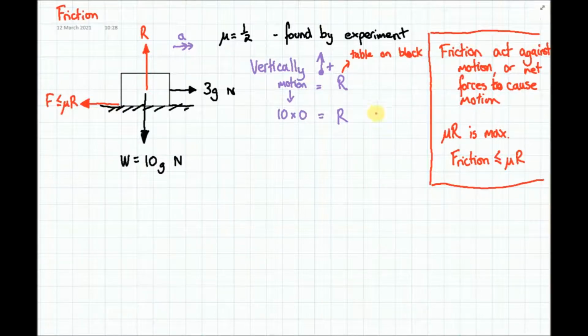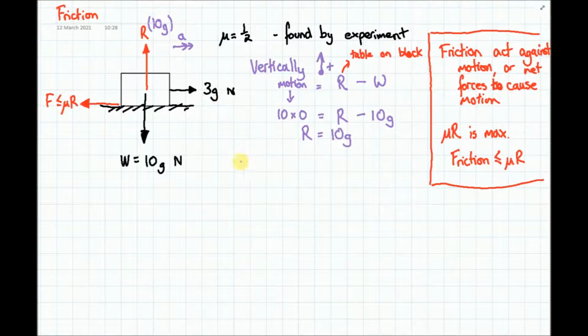And acting against our positive direction is our weight. And weight is downwards from our diagram. So minus 10g newtons. Rearrange it, and for this case we find R is 10g. And I would add it to my diagram as I go through.